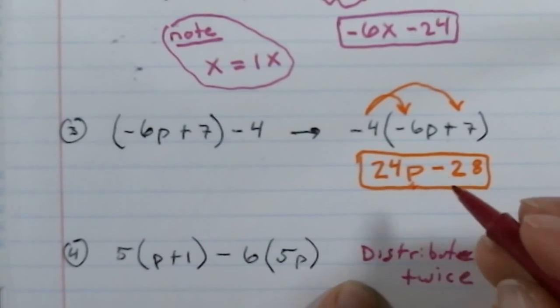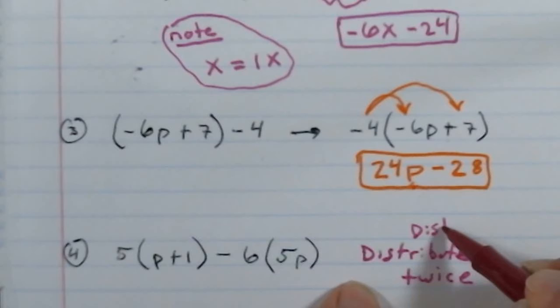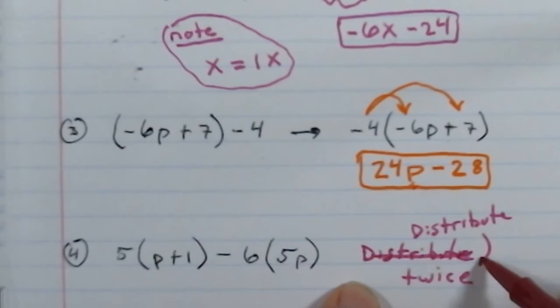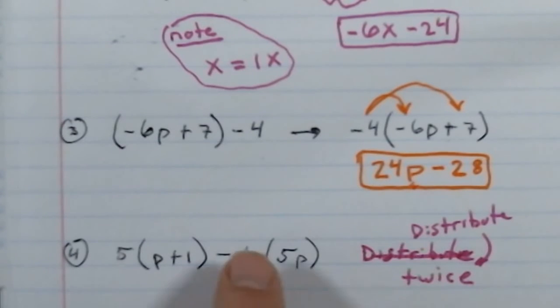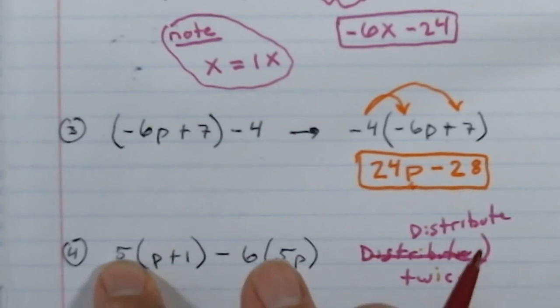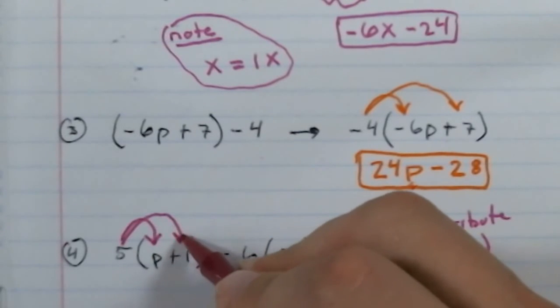Pretty much any time you see parentheses and a number outside, that is where you're going to distribute. So this 5 is going to go here, and this 5 is going to go here.